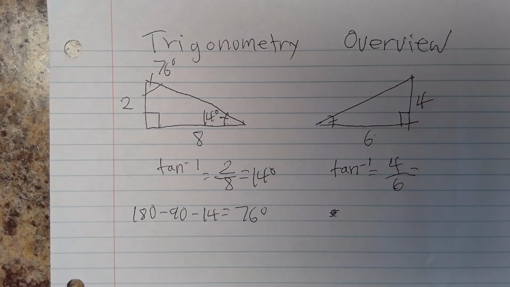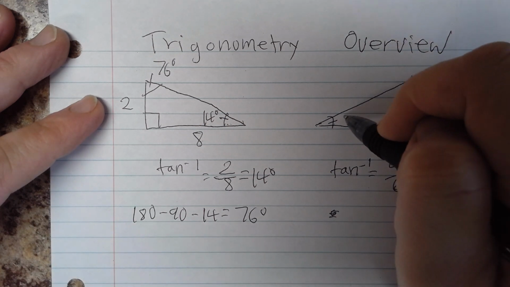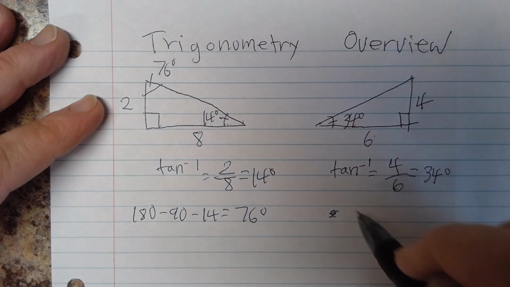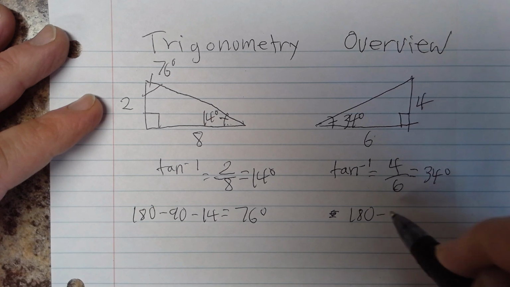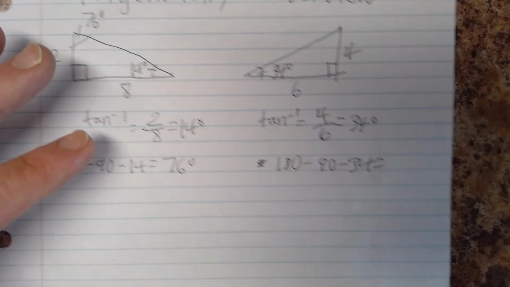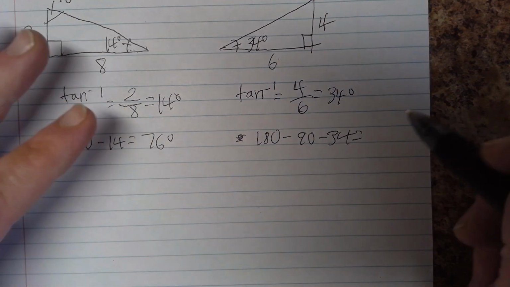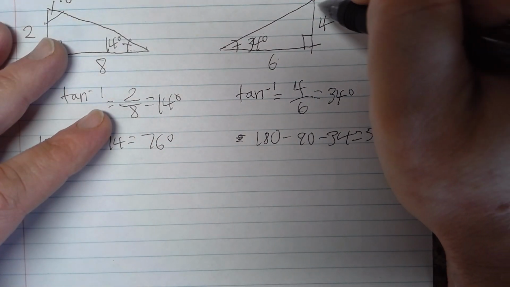Second tangent 4 divided by 6 is 33.69. I'm going to round that up to 34. Solve for the other missing angle. Very easy work. 180 minus 90 minus 34 is 56.